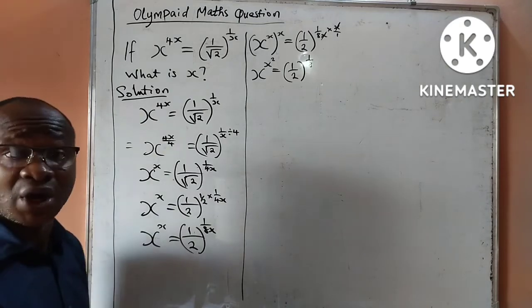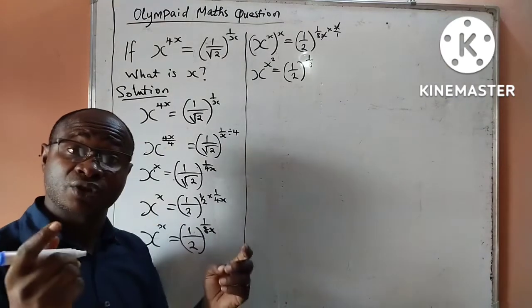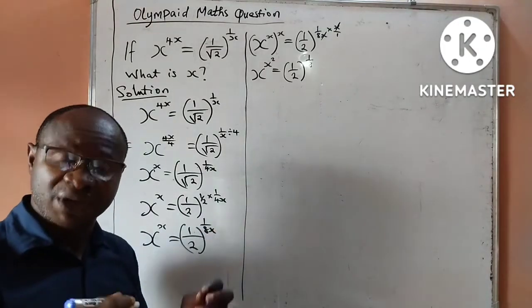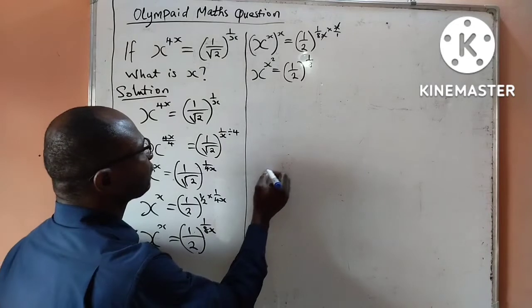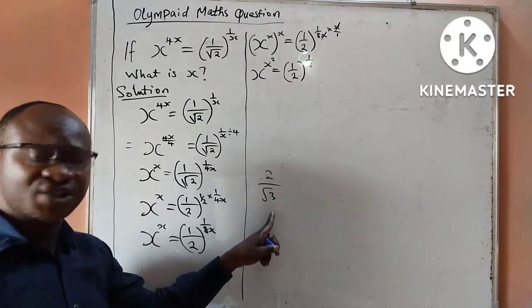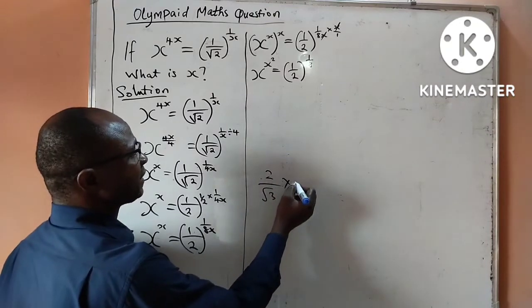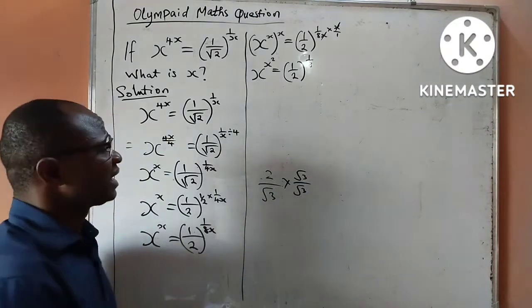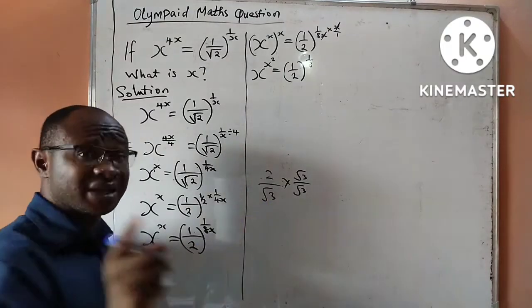We can also remember in surds, if we want to do surd rationalization, maybe I have 2 all over root 3. I want to rationalize this surd. I will simply multiply by root 3 over root 3. What is the target? To get rid of the square root at the denominator.